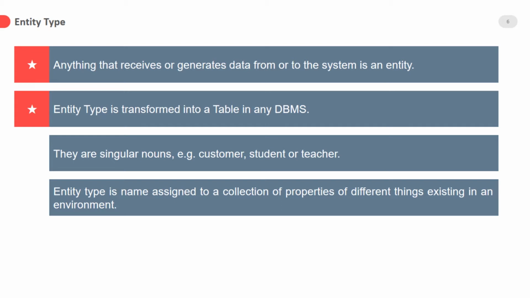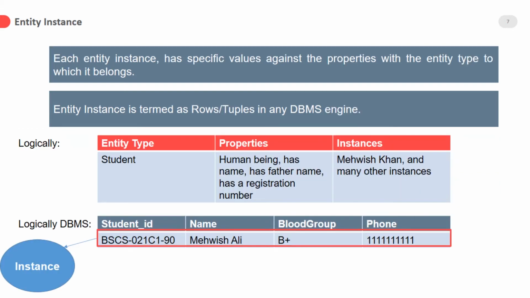Entity type is transformed into a table in any database management system. They are singular nouns like customer, student, or teacher. Entity type is a name assigned to a collection of properties of different things existing in an environment.